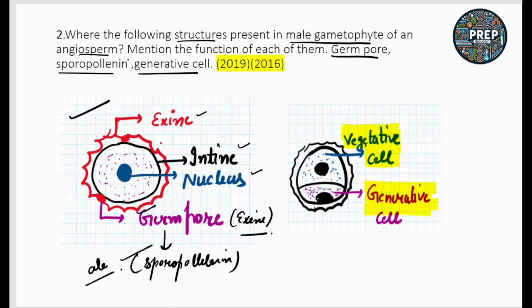Next is the sporopollenin. What is sporopollenin? Sporopollenin is present on the outer surface of the pollen grain. The exine is made up of sporopollenin, and it is one of the most resistant organic materials known. It can withstand high temperature and strong acids and alkalis.